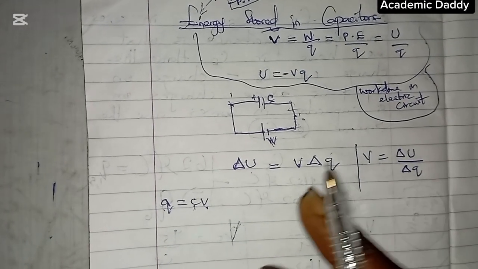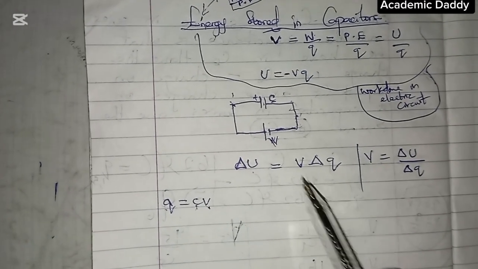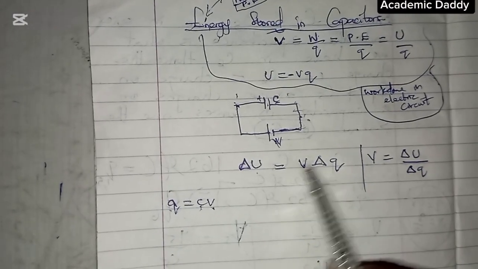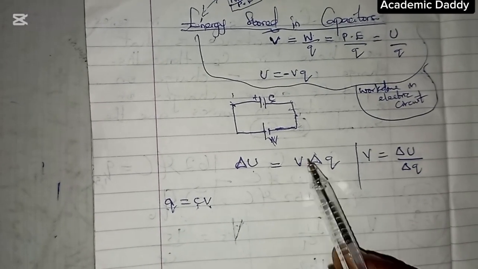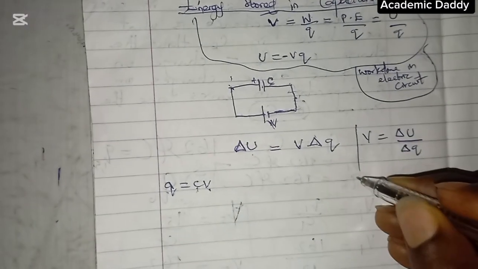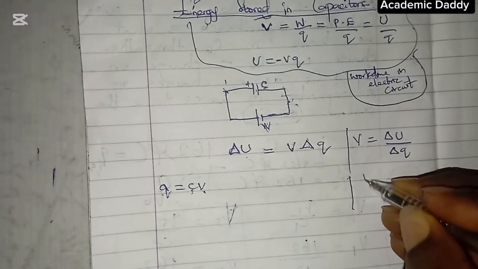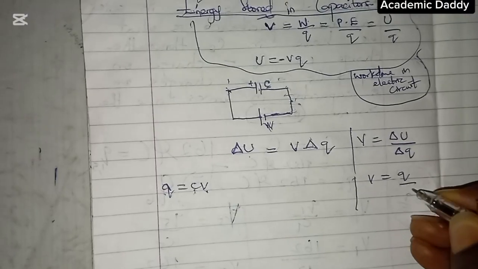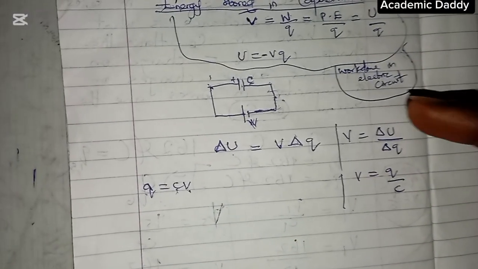So we are going to be comparing these two relationships. Notice that this is the same thing as saying V is equal to Q over C.